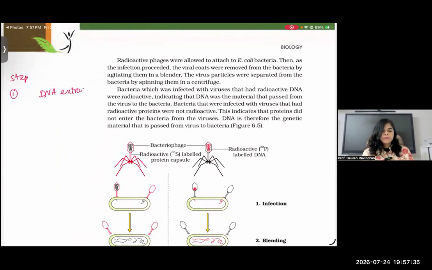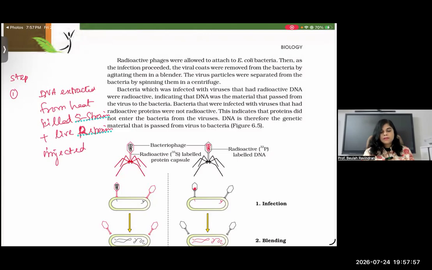DNA extracted from heat-killed S strain plus live R strain, injected into the mice.